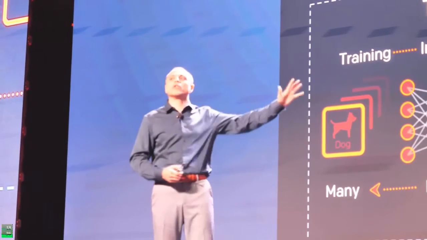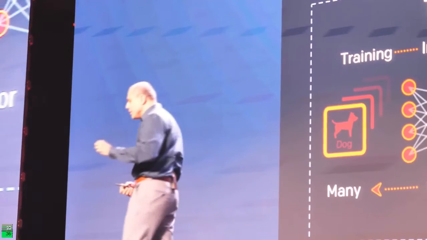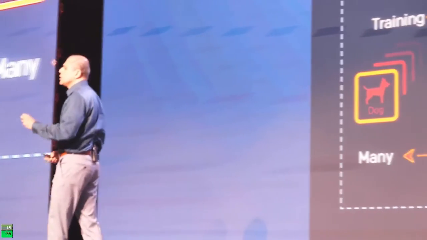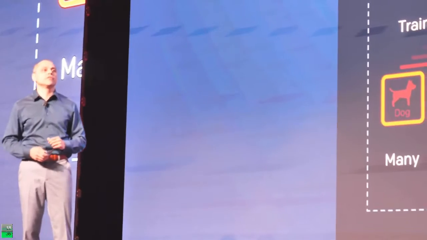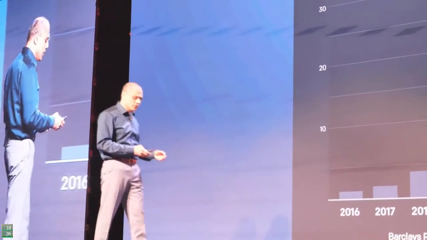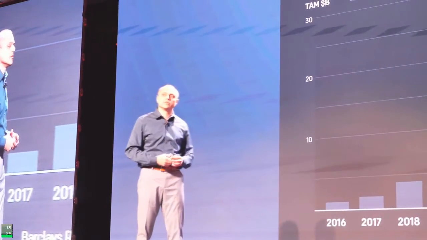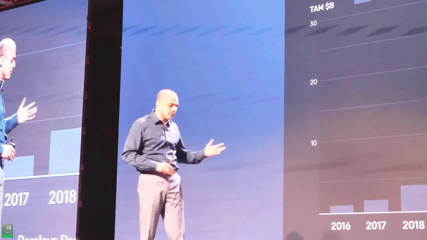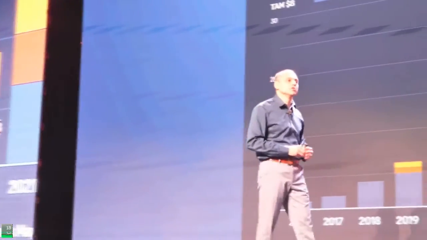Now, you may already know all of this, but the key takeaway is that the requirements for training are not the same as requirements for inference. You can't take the solutions in training and then move it to inference. Well, but the world has focused mostly on training for the last few years.